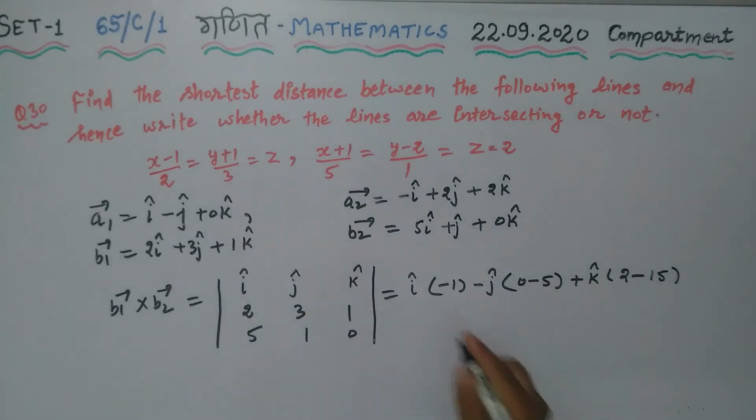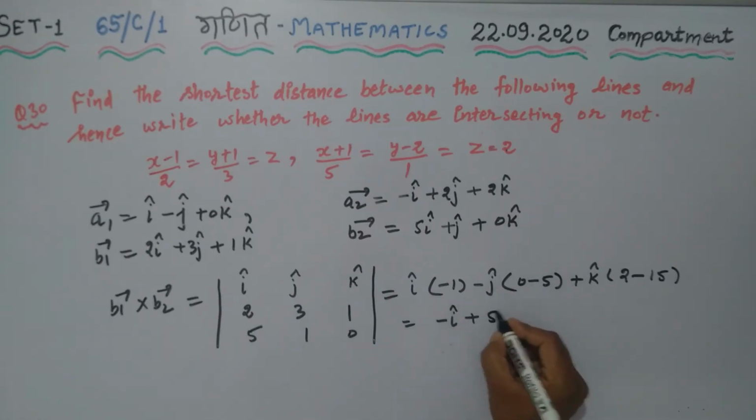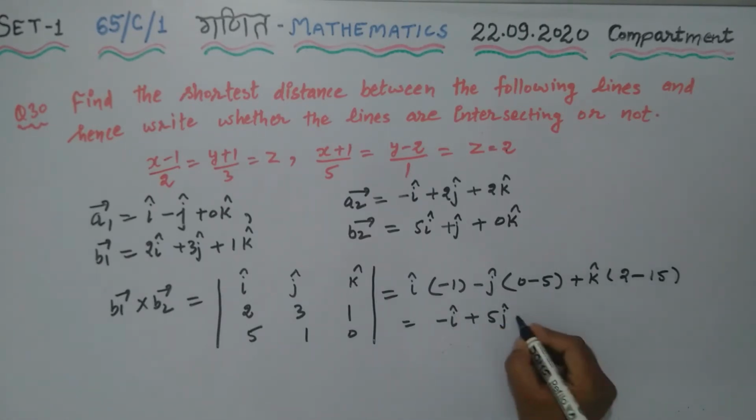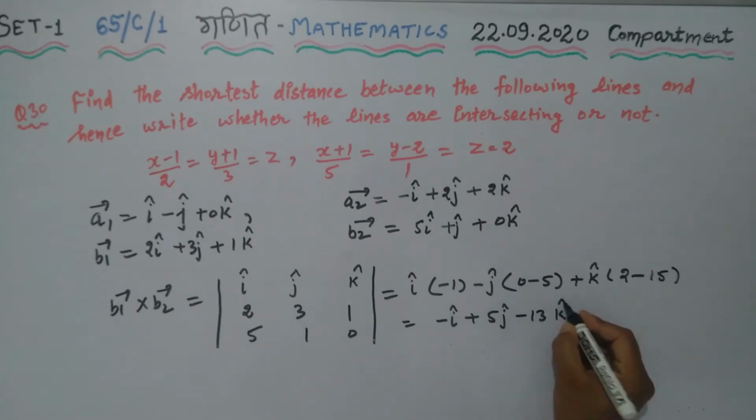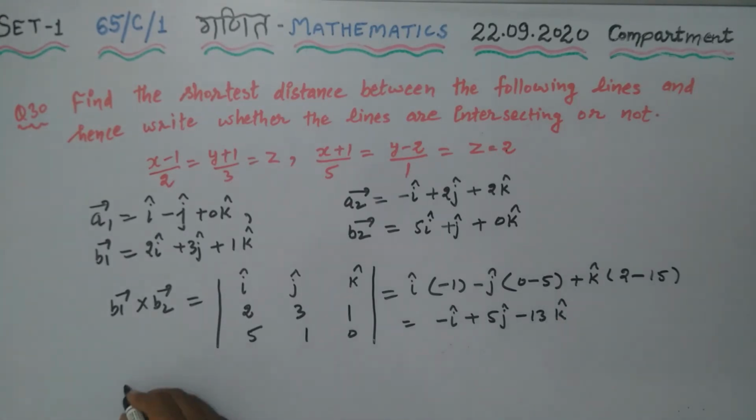So we have this equal to minus i plus 5j minus 13k, right?